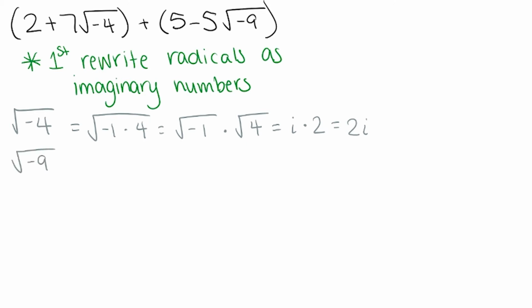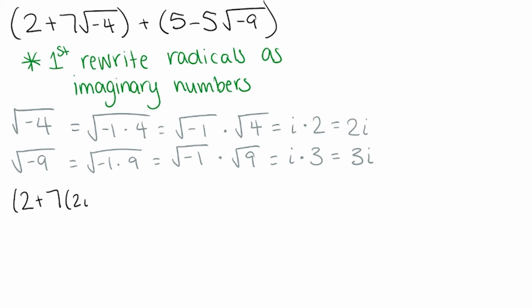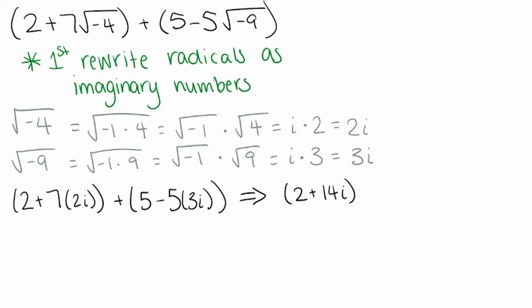Similarly, we have the square root of negative 9, which is equal to the square root of negative 1 times 9, square root of negative 1 times the square root of 9, which is i times 3, or 3i.